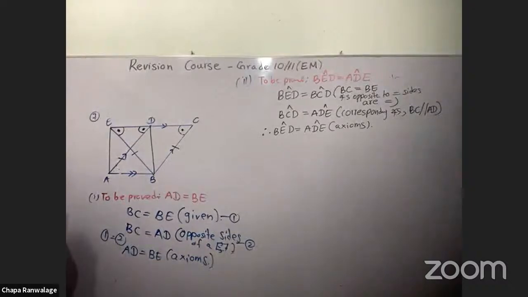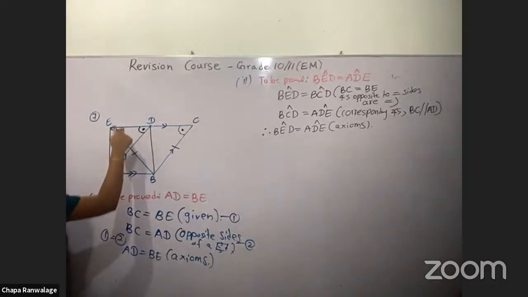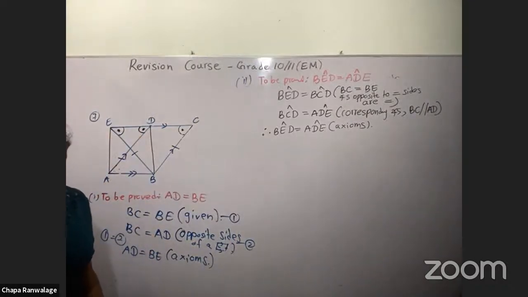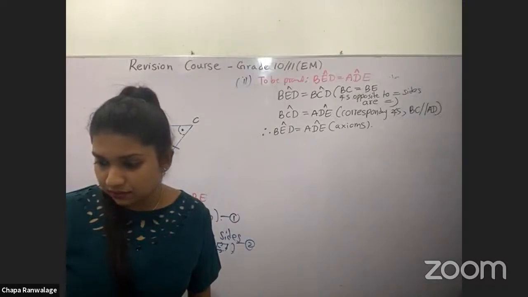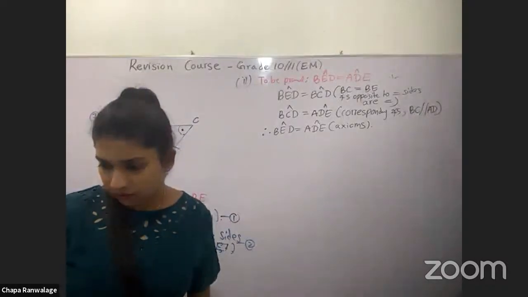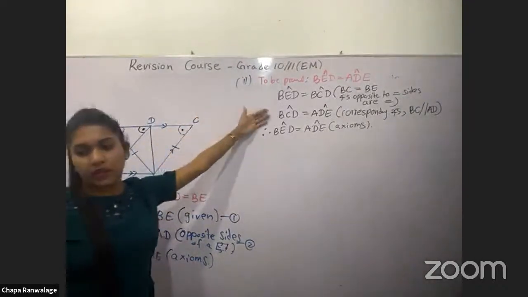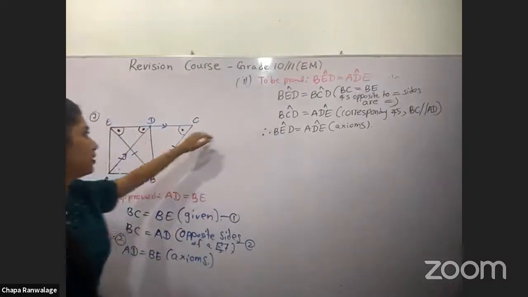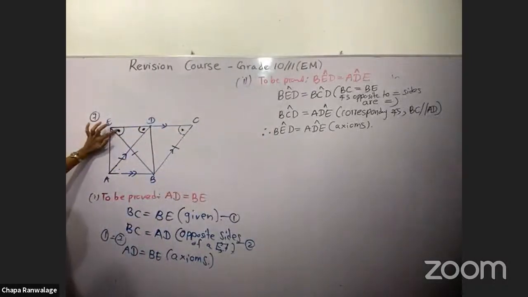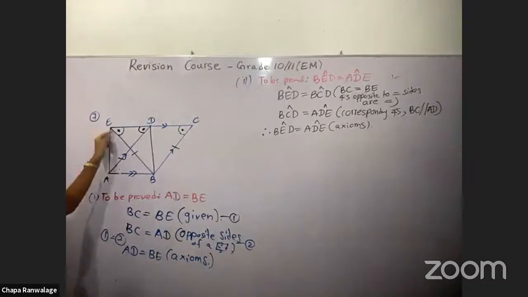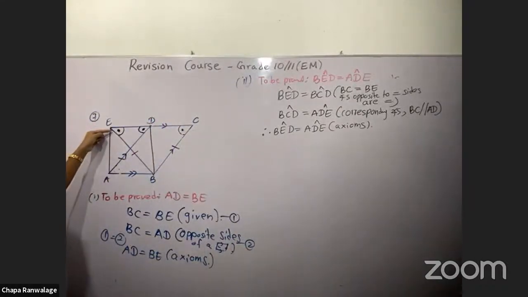Under which case? This one is equal to this one because this one is an isosceles triangle.